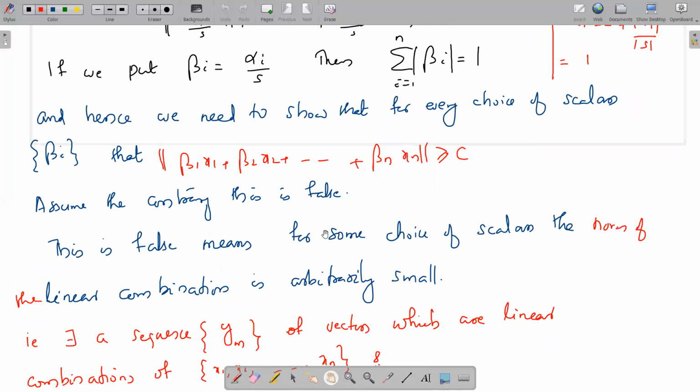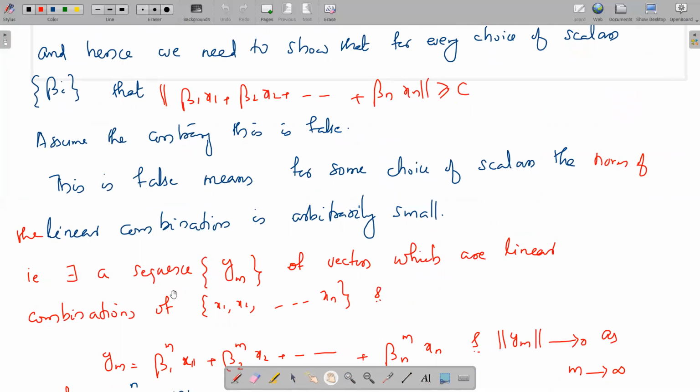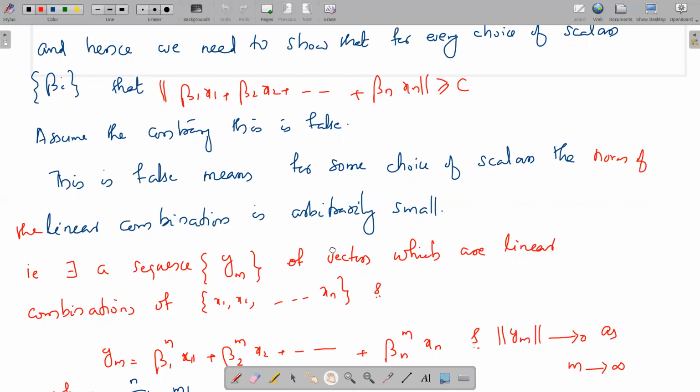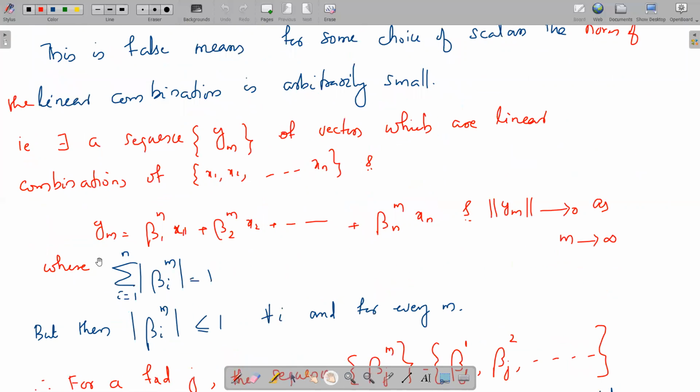What do you mean by this is false? This is false means for some choice of scalars whose modulus sum is 1, the norm of the linear combination is arbitrarily small. So that means there is a sequence ym of vectors which are linear combinations of x1, x2, x3, etc., xn, where sigma i from 1 to n modulus of beta im is equal to 1.